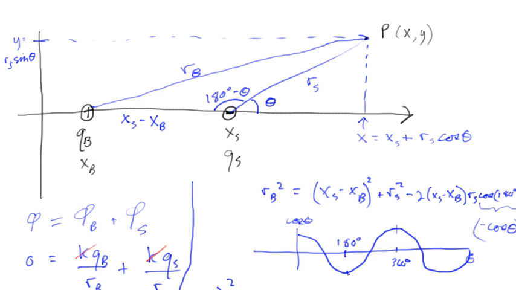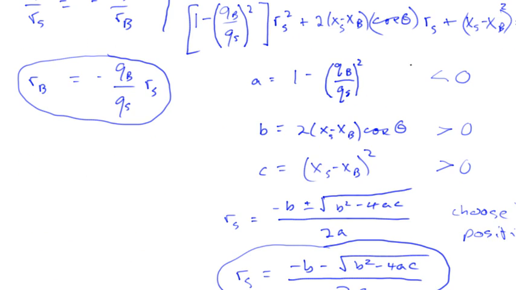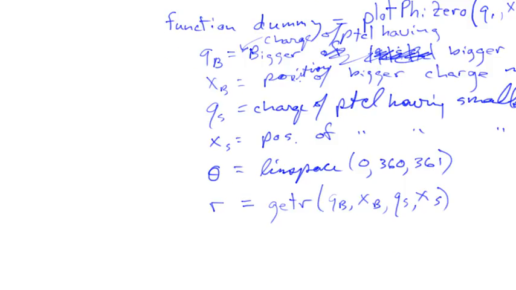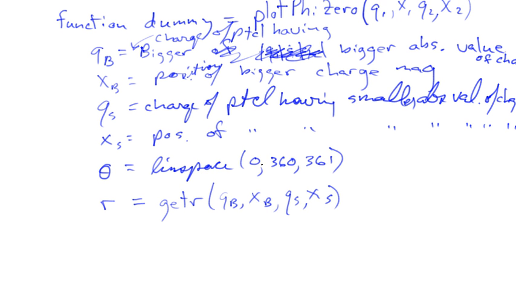So XS plus RS cosine theta, so X equals XS plus R cosine theta. So I've been calling R sub S just R, and I think that's what I called it in here. And Y is equal to just R times the sine of theta.